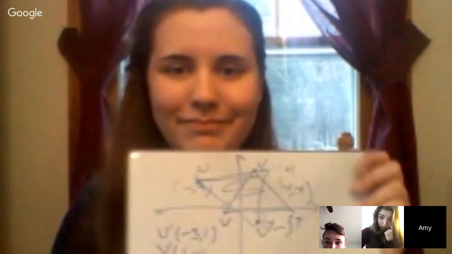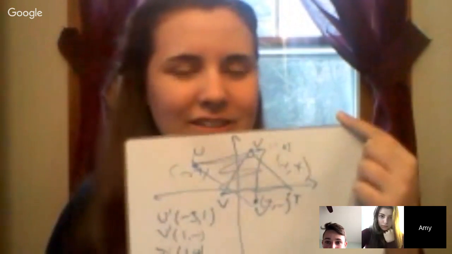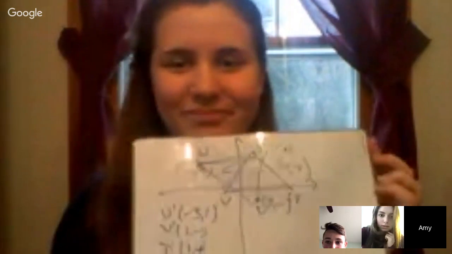So you would get T prime as 1, 4, and something like this for your figure, if you want to draw it. Yep, that's what I did. I got the same coordinates. That's helpful. Me too.